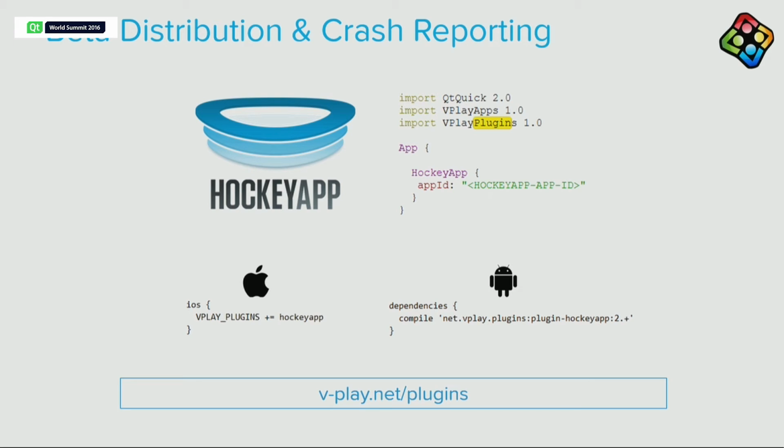They get a notification and know there's a new update to test. Even more, there's crash reporting in the HockeyApp plugin, so whenever your app crashes, you can see this in the web dashboard of the HockeyApp website. So I highly recommend adding this plugin to your mobile app.